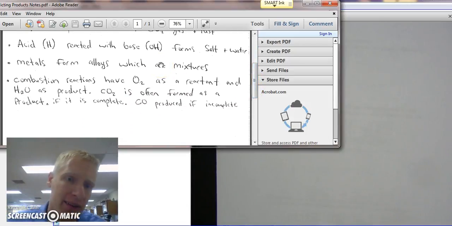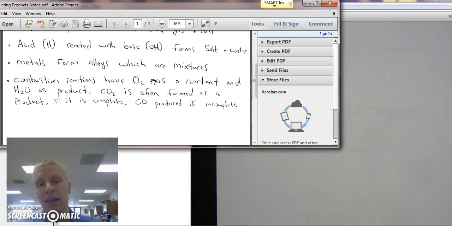These are fairly simple once you get the hang of it. Combustion reactions always have O2 as a reactant, and they're also going to, in most situations, produce water as a product, and also CO2 or CO as a product. If it is complete combustion, CO2 would be produced. Incomplete combustion, CO would be produced.